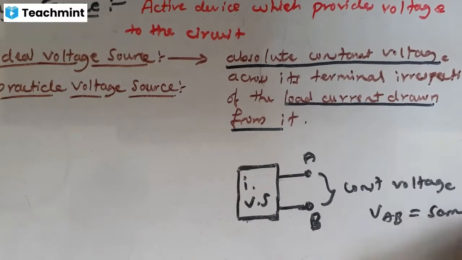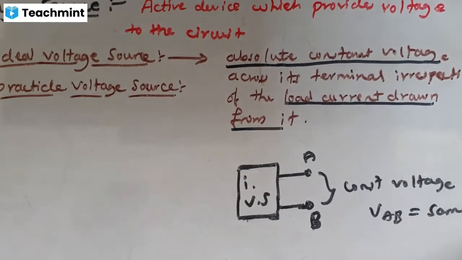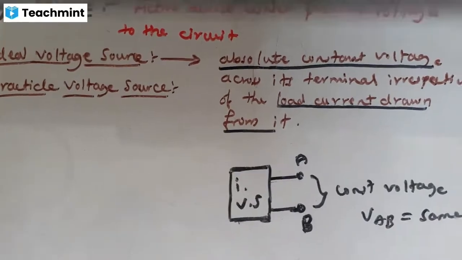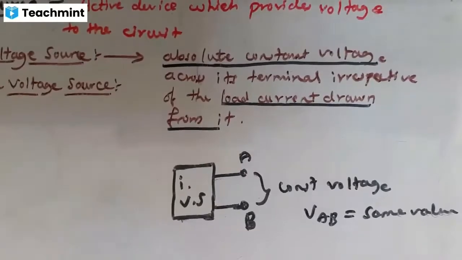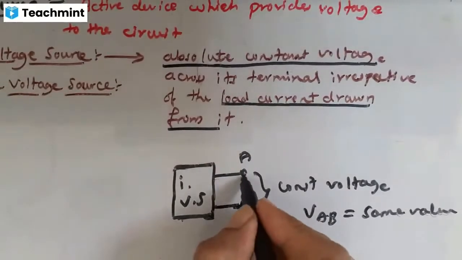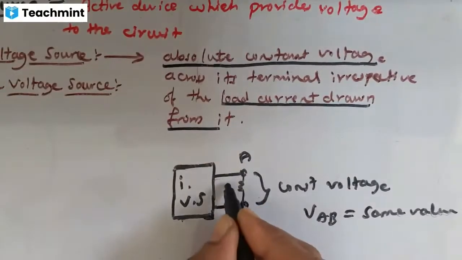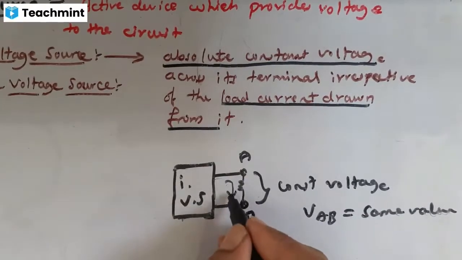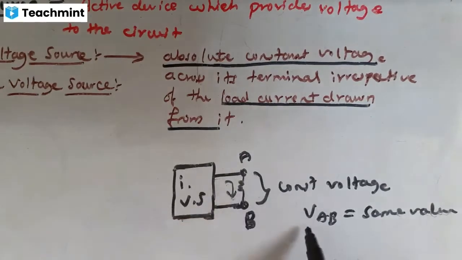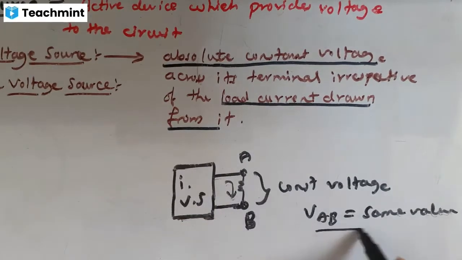It gives the same value and will not change. Whatever may be the current, if you connect a resistor here, it will draw some current. You may draw more current or less current, whatever you do, but the voltage across AB, VAB, is the same and is not going to change.